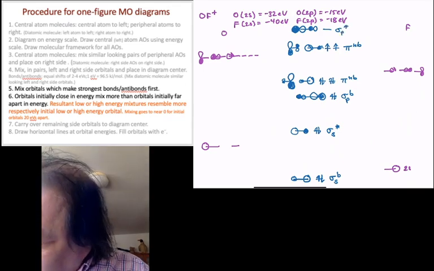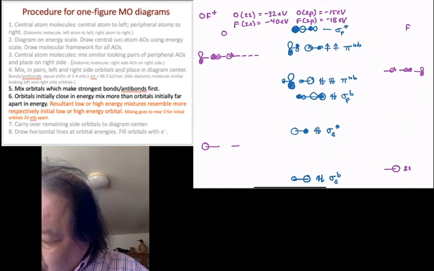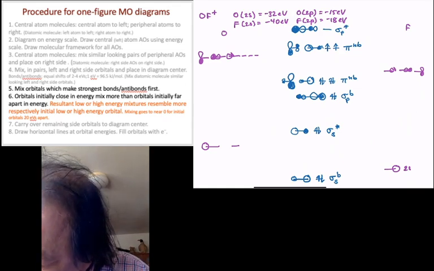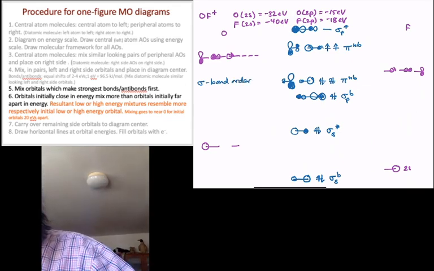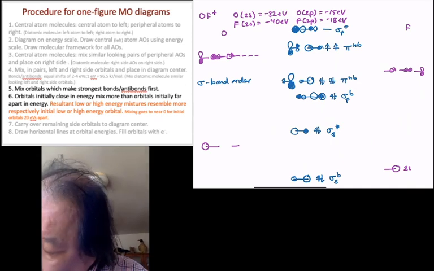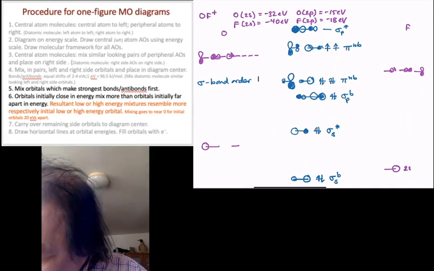Okay, sigma bond order. Sigma bond order is 1 bonding, 1 antibonding, 2 bonding. Net 1, sigma bond order is 1.